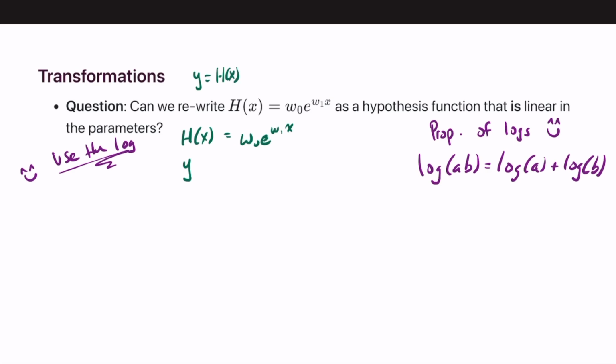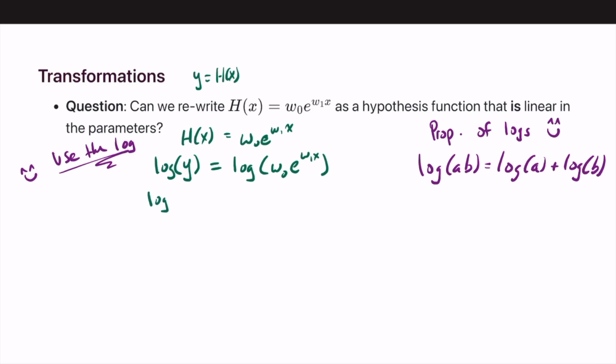And we'll do log of y equals log of this entire thing. And we know from our property of logs that we can break this apart now.